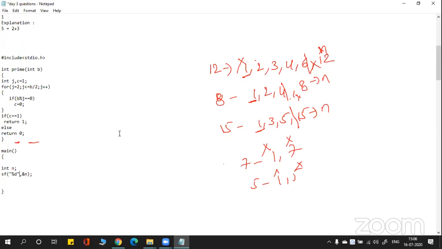First let us create an array, and then we can check whether the sum is prime. For that purpose I am taking a loop, because I should start from 2 to n. For i is equal to 2, i less than n.